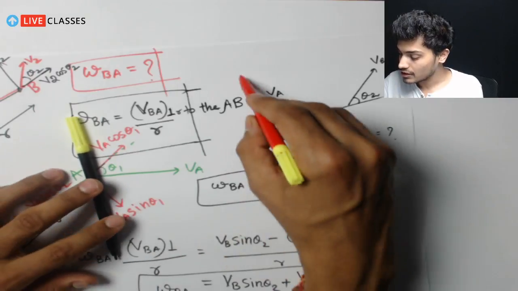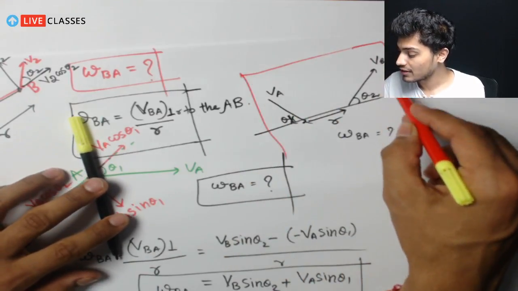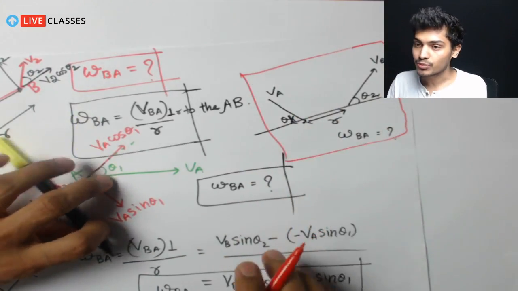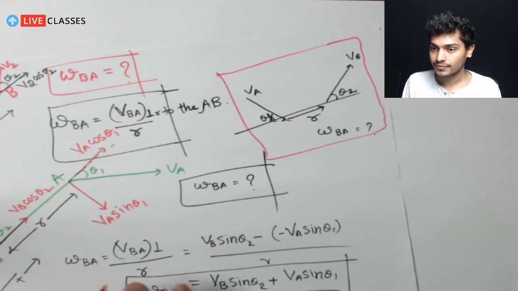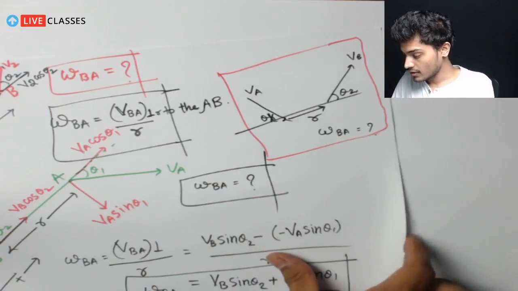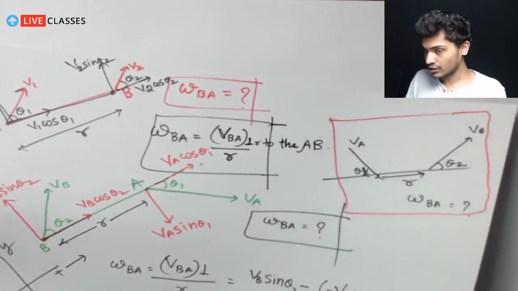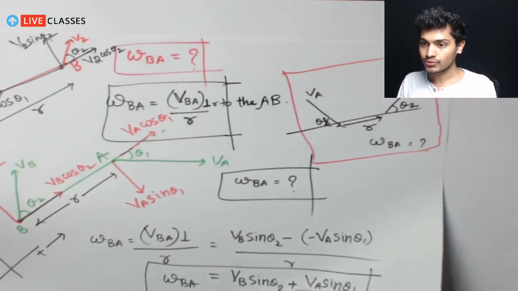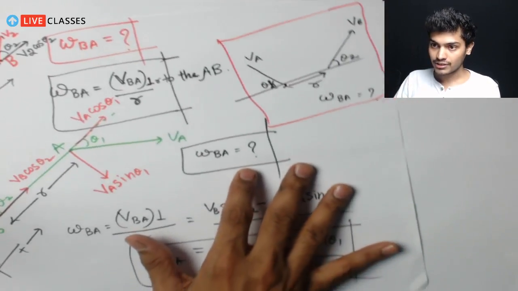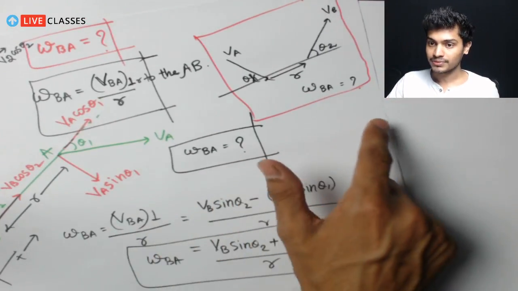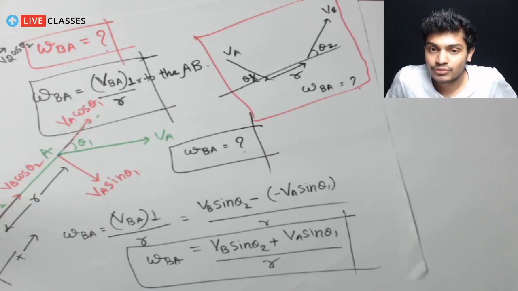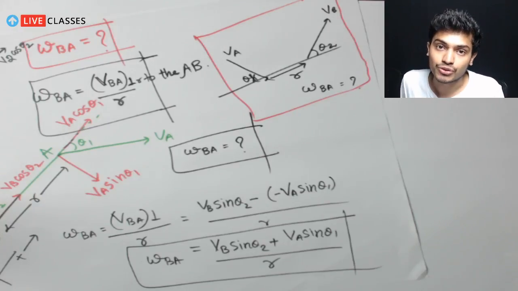So now you can easily find it, you just have to follow this simple procedure, right? So this was all about the kinematics part of circular motion.